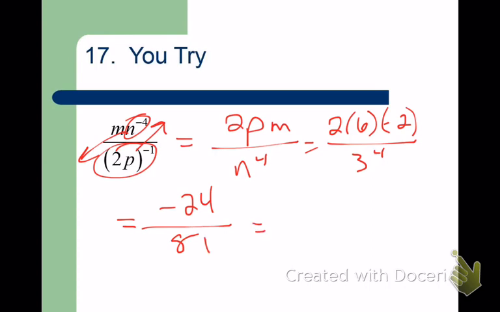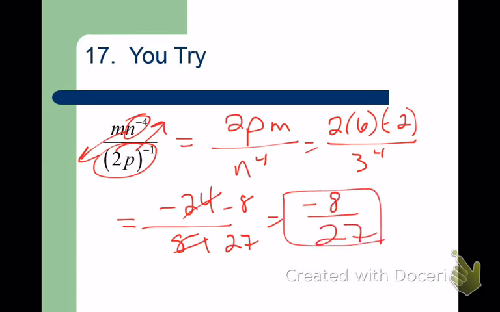Now, both these can be divided by 3 for sure. This is going to be negative 8, and this is going to be 27, and I think it's as far as we can go. So we get negative 8 over 27.